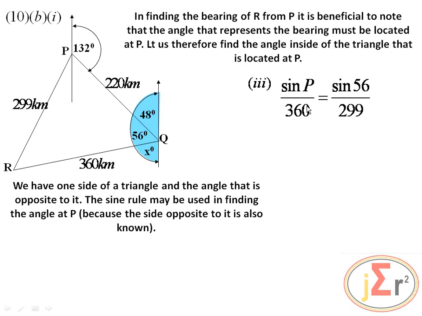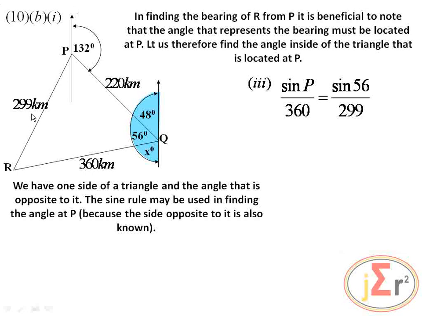Therefore, if we can write a single equation with one unknown, we are guaranteed that we will be able to find that single unknown. So if we are talking about side and opposite angle, we must first locate a known side and a known angle that are opposite to each other.